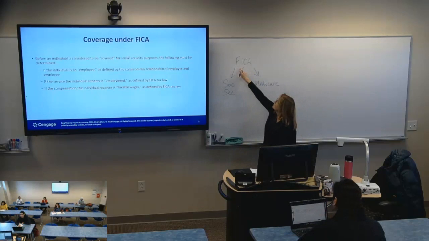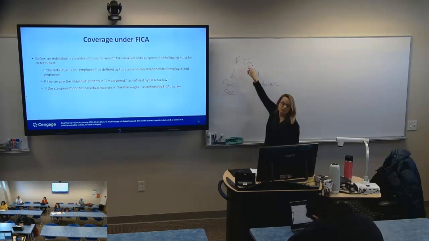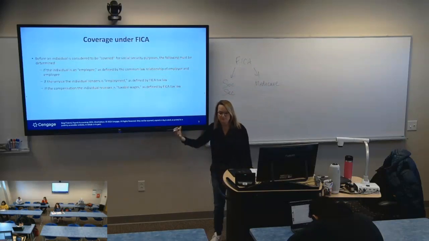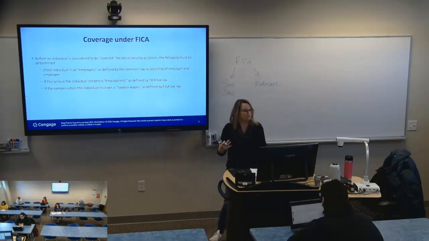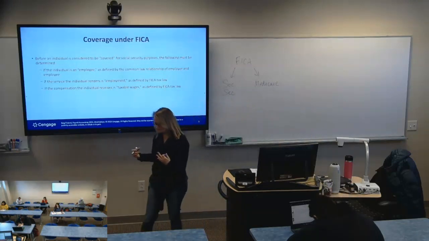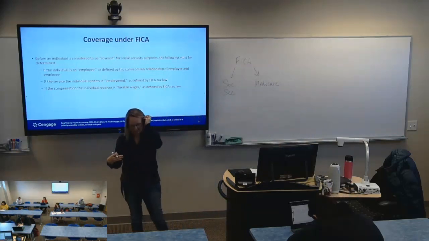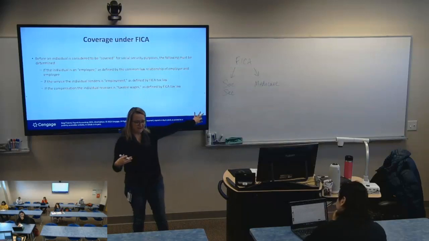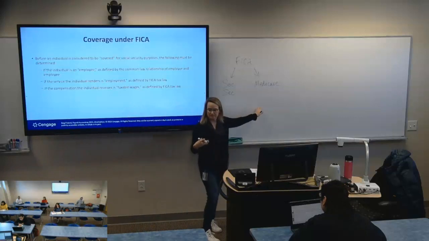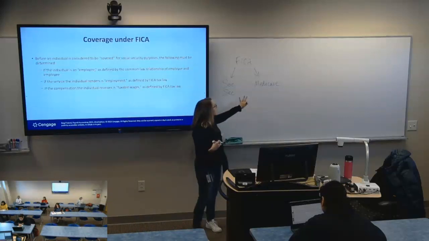FICA stands for Federal Insurance Contributions Act, and your book goes through that whole acronym and information about that act. Again, just like the FLSA, this was passed in the 30s, and it was in response to the economic conditions of the time.